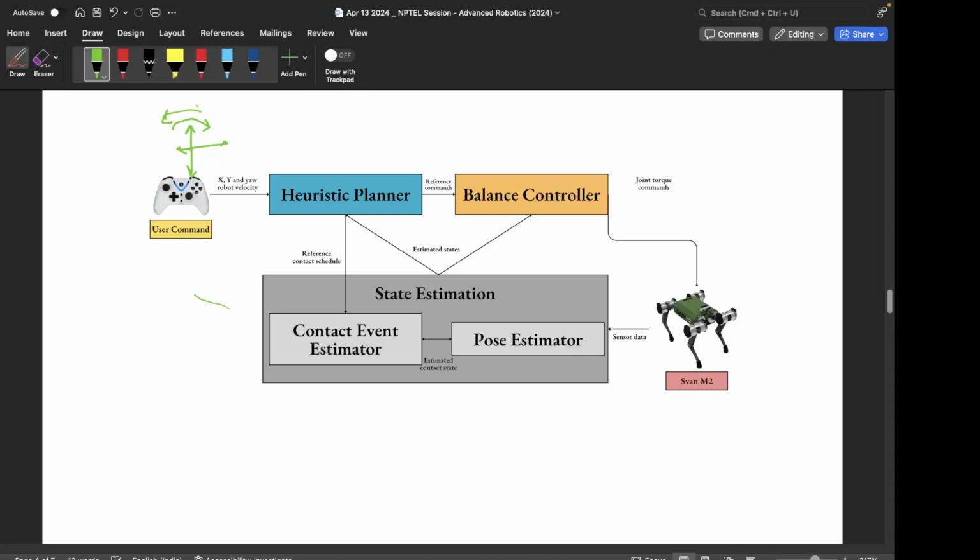These are the 3 sets of commands it can give. Now based on those commands, there is a planner, which we will see shortly, which generates where the legs should step and where the body should go.